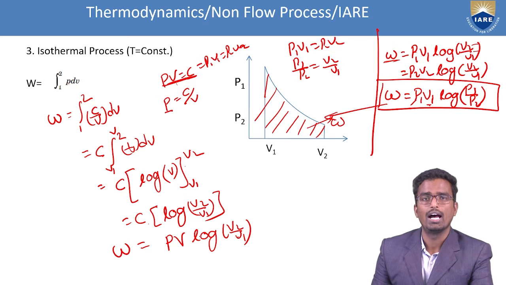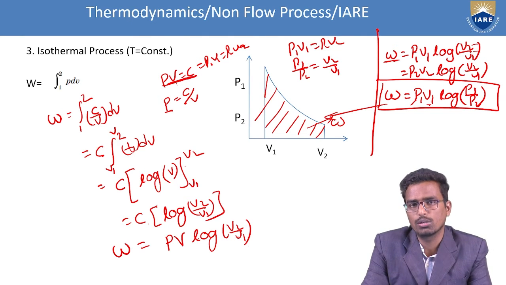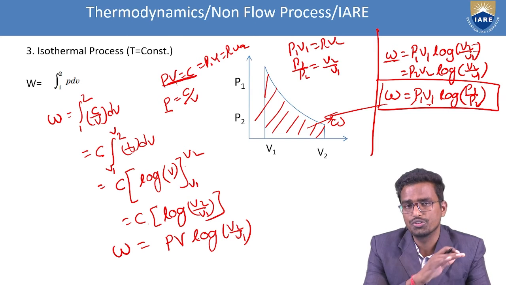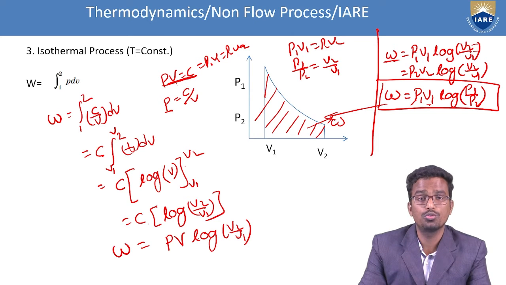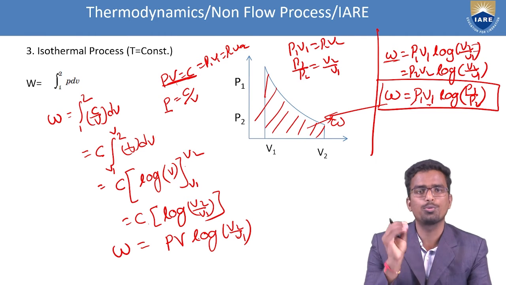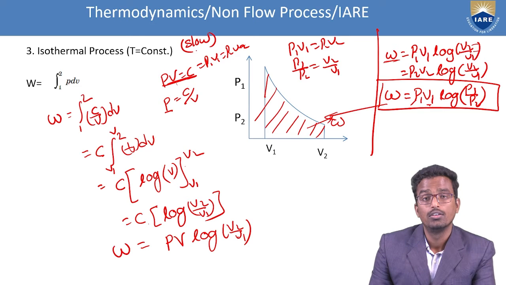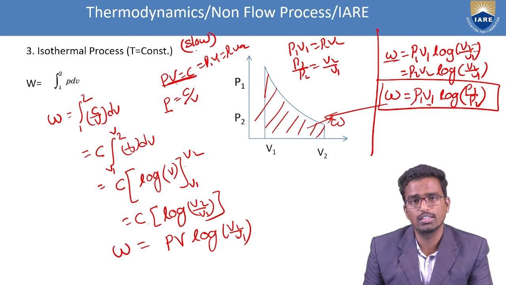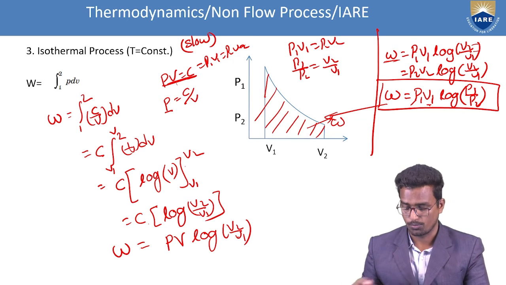That is the isothermal process, which is a process at constant temperature. But the isothermal process is a very, very slow process. When a system is doing slow work, you can call it an isothermal process.